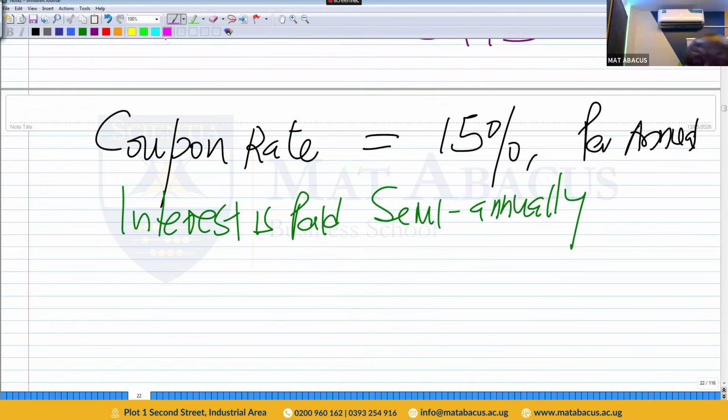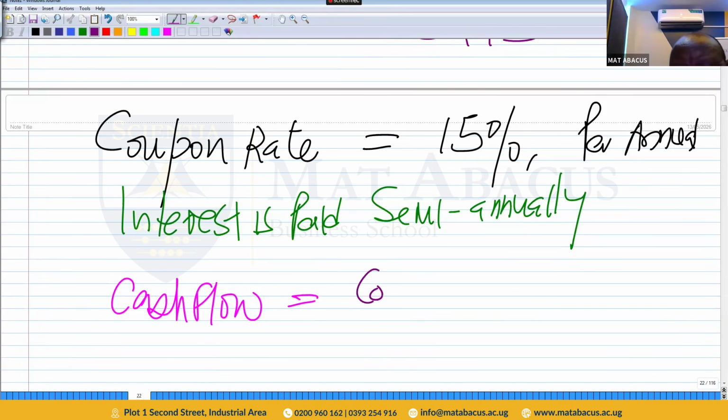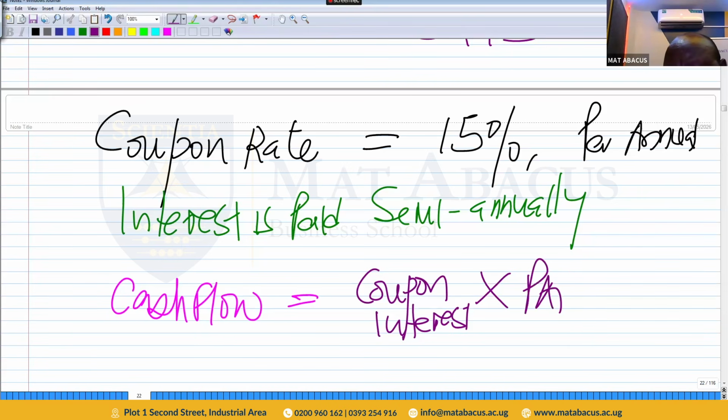Therefore, our cash flow, which is always the coupon rate, the coupon interest, you multiply it by par value.